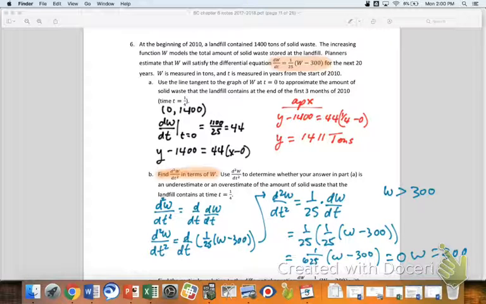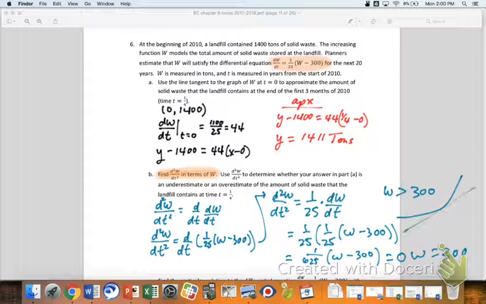So the reason why I chose that one is because we're looking at 1411 tons, right? Bigger than 300. So when W is bigger than 300, the second derivative is positive, right? And so therefore W is concave up.